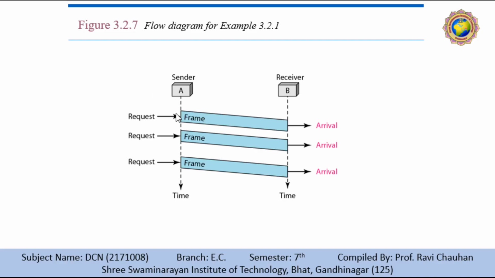The sender sends a sequence of frames without even thinking about the receiver. To send the 3 frames, 3 events occur at the sender side and 3 events occur at the receiving side. Note that the data frames are shown by little boxes. The height of the box defines the transmission time between the first and the last bit of the frame. So this is an example of our protocol.